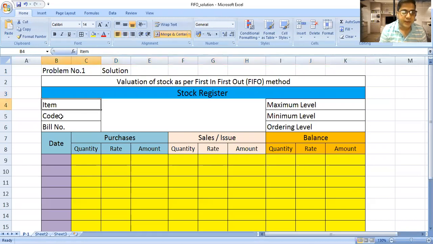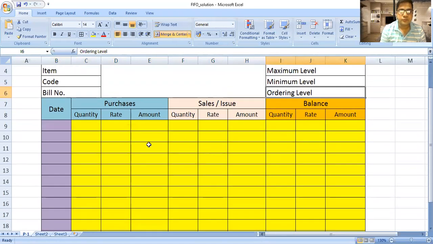Now here item code, bill number, maximum level, minimum level, order level, these we have to keep blank. Then we have to draw the ledger. First column date, second column purchases, third column sales or issue, and last column balance. Under purchases again three columns: quantity, rate, amount.